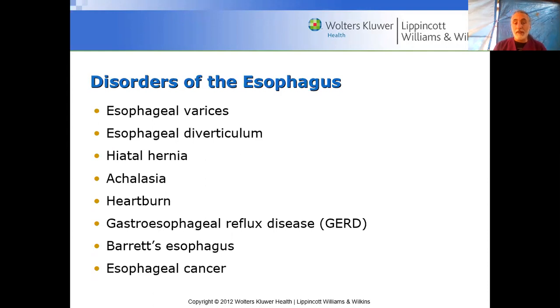Disorders of the esophagus, esophageal varices. So, when we talked just a little bit ago about the liver and how all of the blood supply from the GI tract drains into the hepatic portal vein, filters through the liver, returns to the circulation. Esophageal varices. So these are veins.